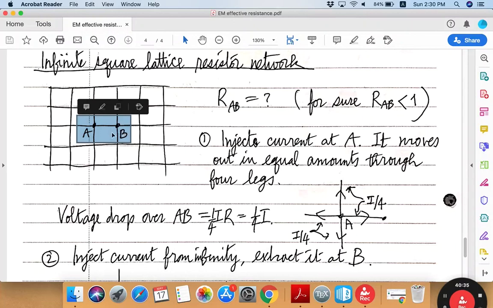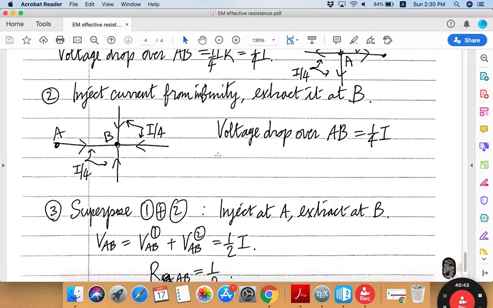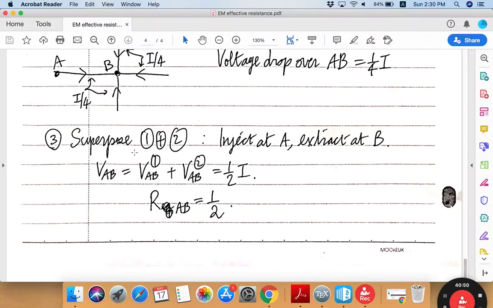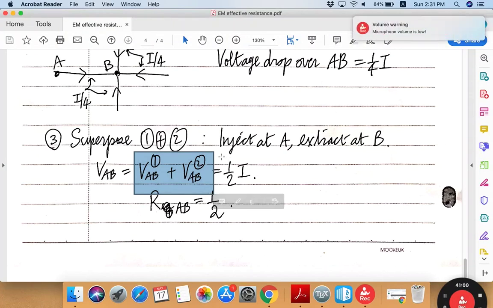So this original process can be divided into these two separate processes, and each process gave us the voltage drop of 1/4. But now, since we have to combine them, we also have to combine the voltages obtained from each process. So we have to add 1/4 to another 1/4, which is 1/2.